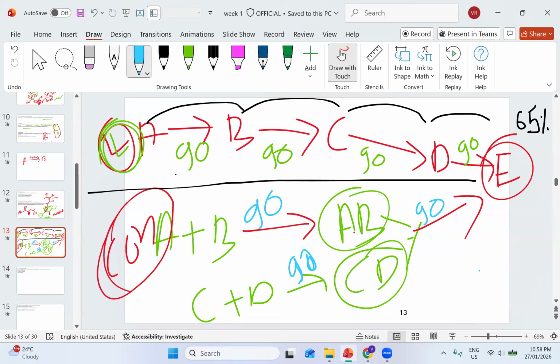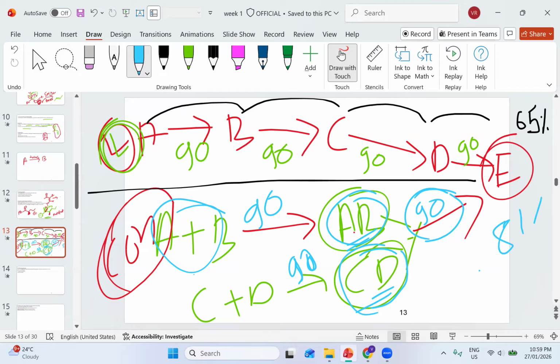The reaction of AB gives 90% yield, so we have 90% of AB in hand. Similarly, we have 90% of CD in hand. Then if we perform the reaction on this AB and CD, 90 multiplied by 90, the overall yield in this case will be 81%.